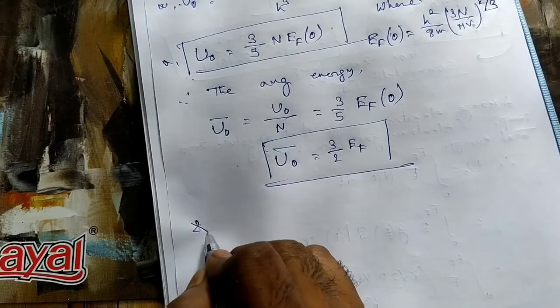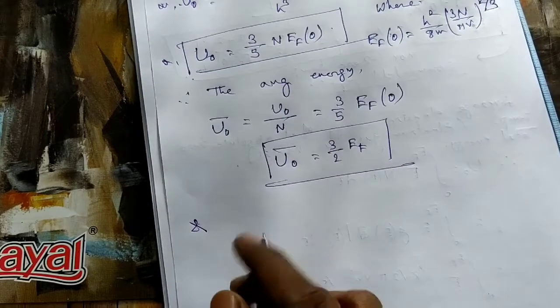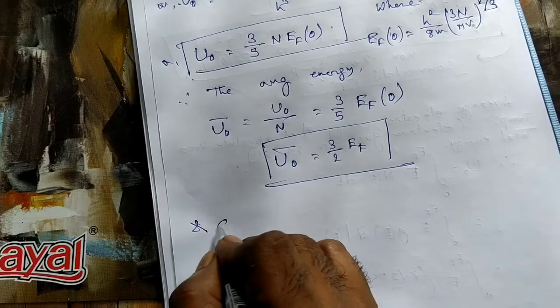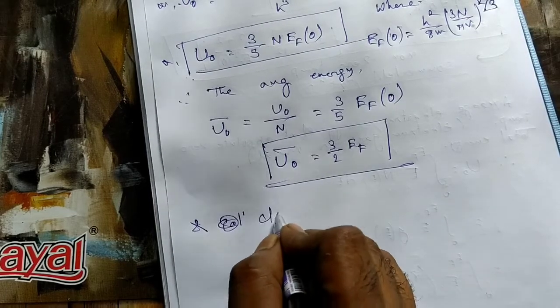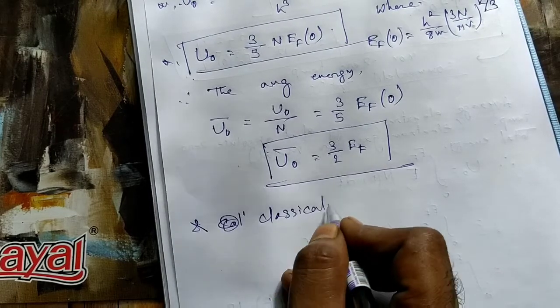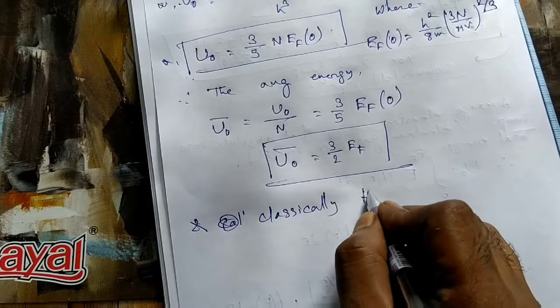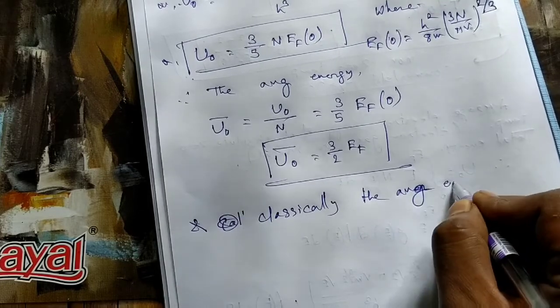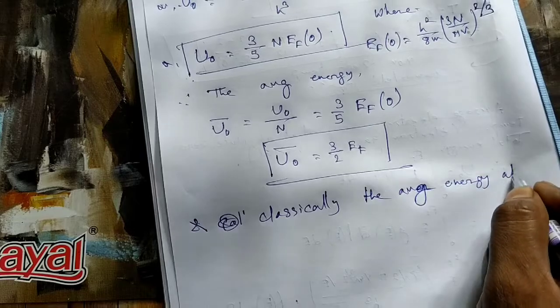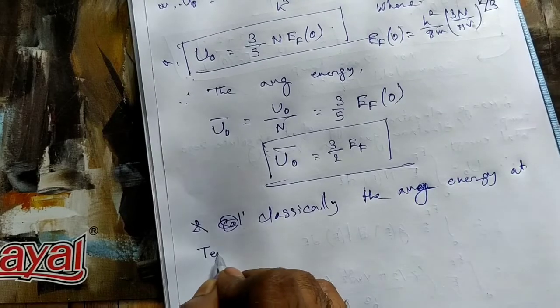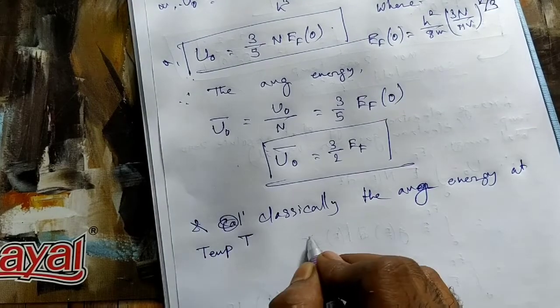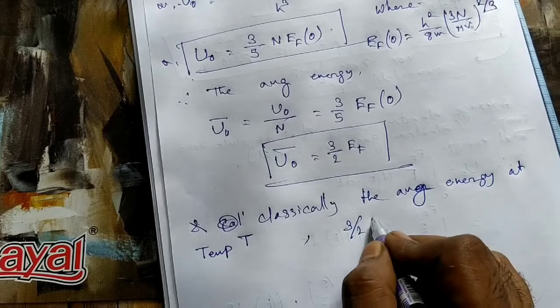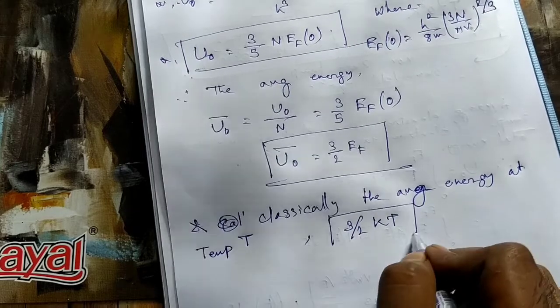Also, if you compare this average energy of the particle with the classical one, classically the average energy at temperature T is always 3 by 2 kT.